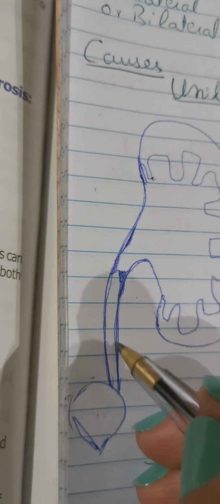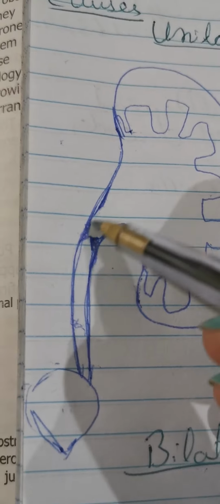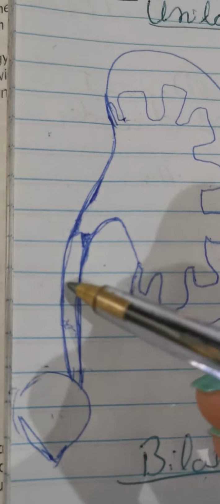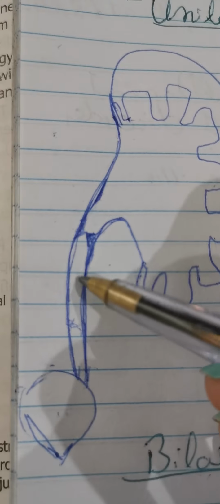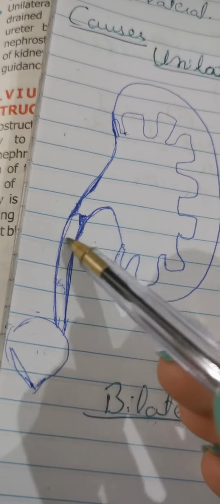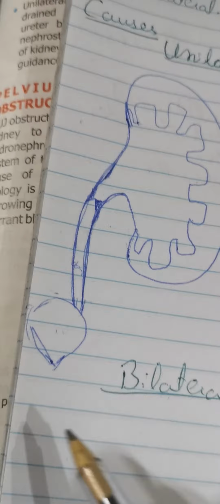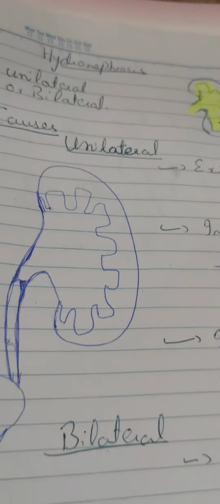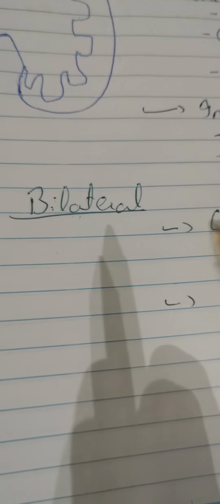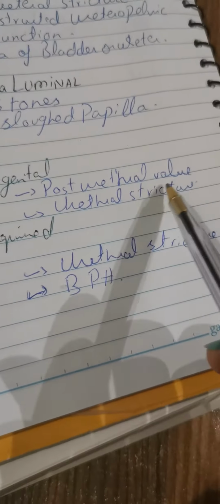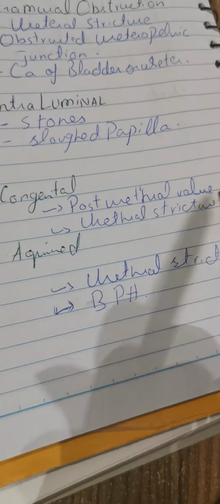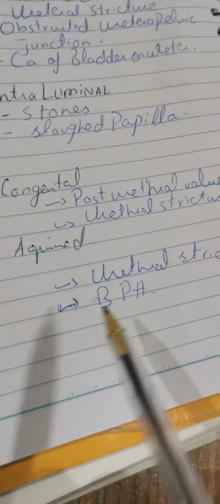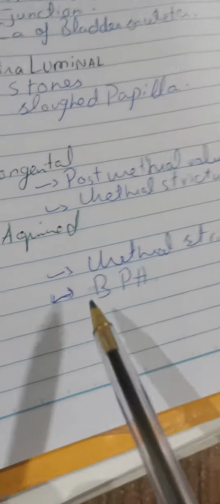And intraluminal causes will include an obstruction inside the lumen, which may be, for example, ureteral stones or sloughed papilla. It may come here and block this lumen, causing a urine outlet obstruction, which results in hydronephrosis. So causes of bilateral obstruction again include posterior urethral valve, urethral stricture, acquired urethral stricture, BPH.